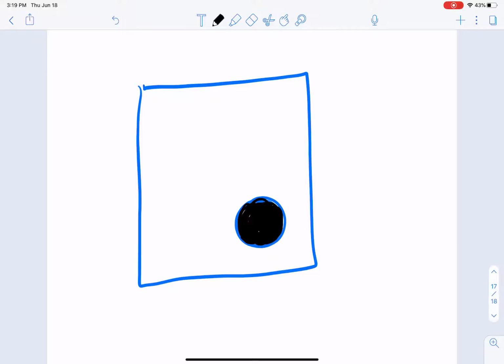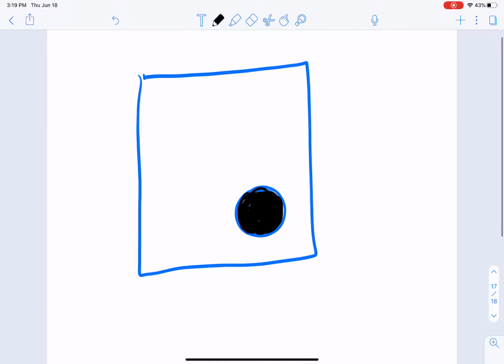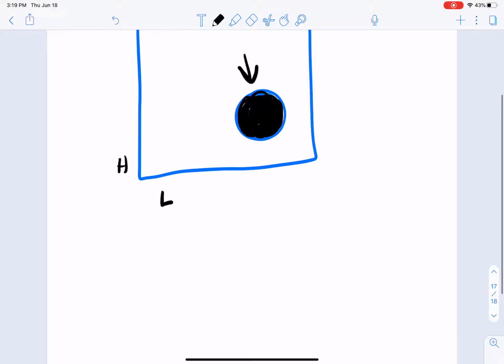Well, we know that the area of this is just the length times the height. This is not a geometry class, don't worry. But there's a hole in the middle here. So what I need to do is also find the area of this circle here, and subtract it from the area of the square.